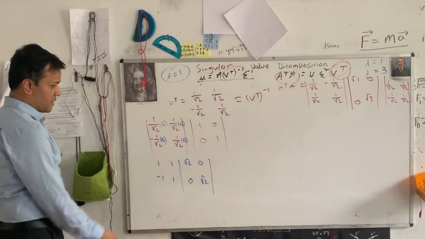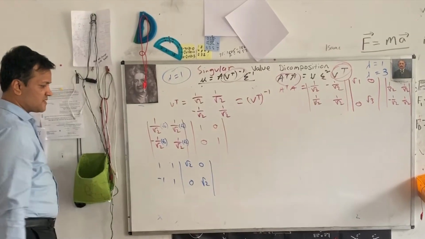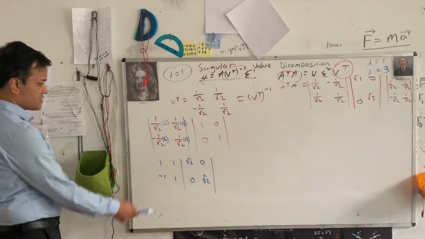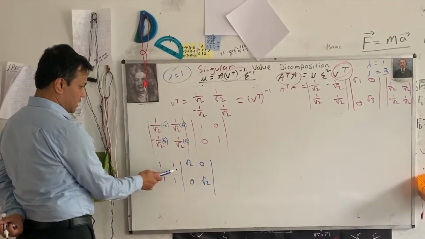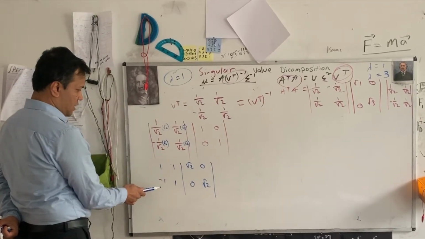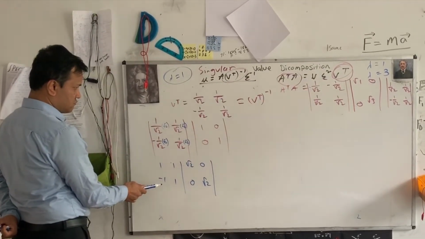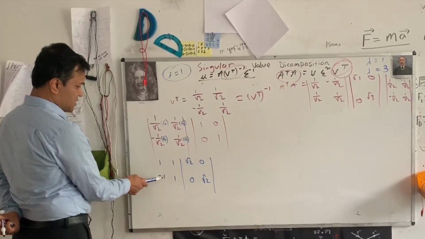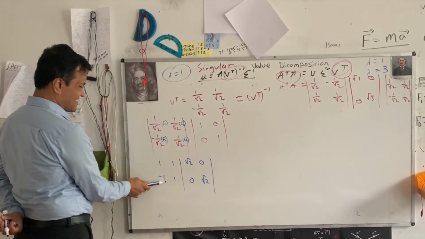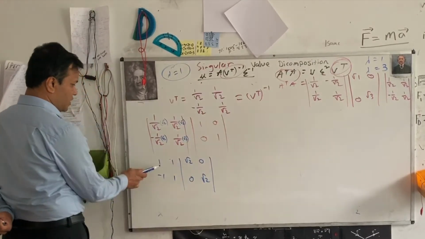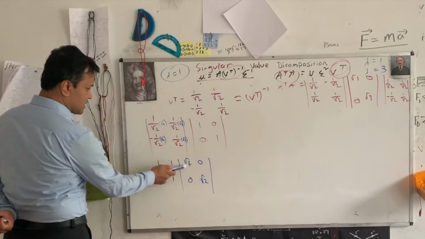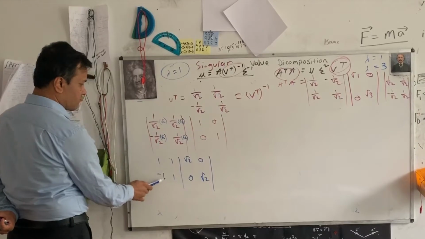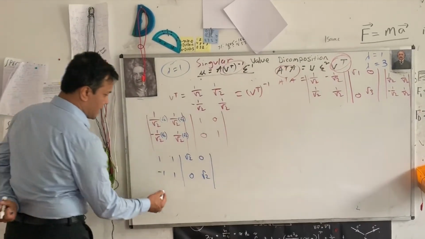Alright, but remember, this one has to be 0 and this one has to be 0. In order to make this one 0, let's first make this one 0. Making this one 0 is easier. So we have to add both rows, then we can easily make this one 0. So add both.